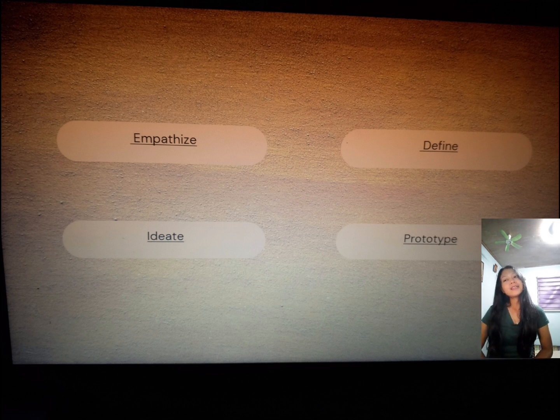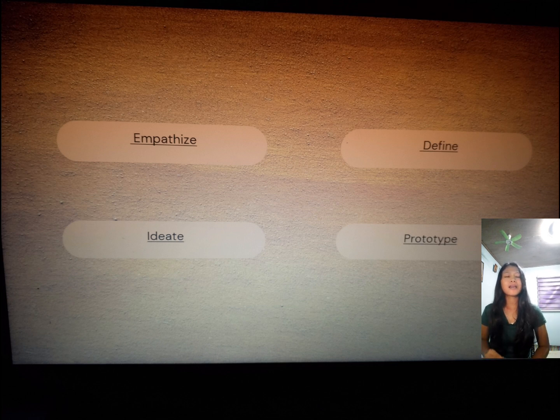As for ideate, this is where we truly understand the needs from the empathize stage, and we've already analyzed the observations in the define stage to create a user-centric problem statement. This is where we think about possible, practical solutions, right?